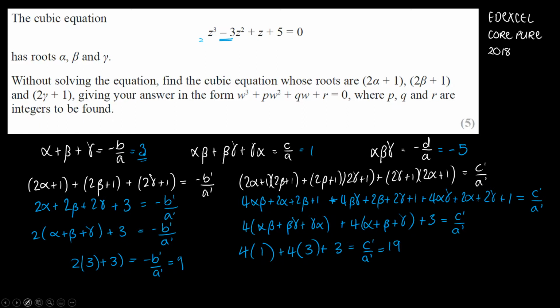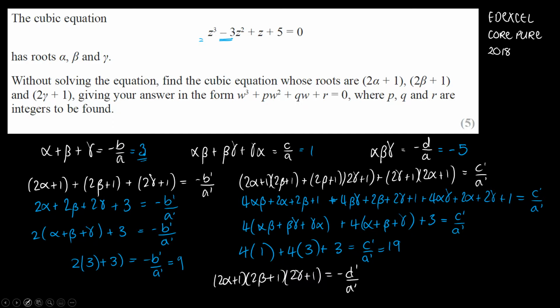I can do that with the final one, exactly the same process. So put my new roots together, expand them out, search for the original expressions back in there, and that will equal new minus d over a.